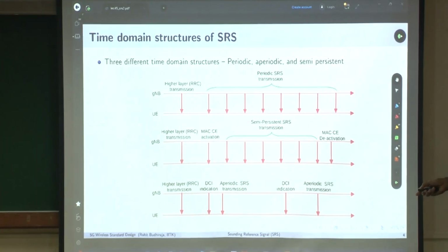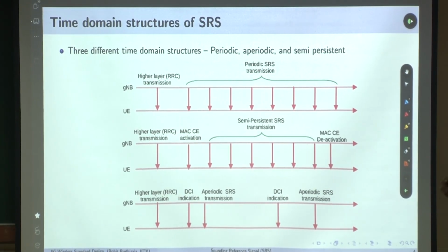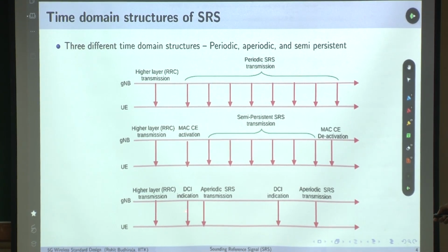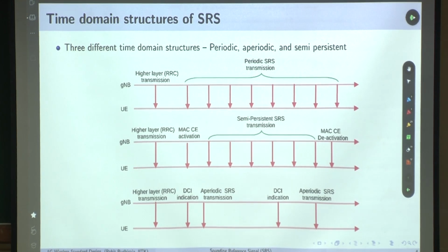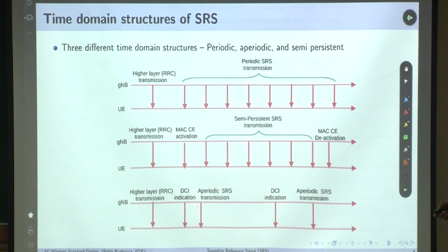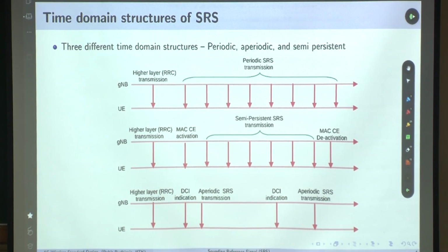Then you look at the aperiodic transmission. What is happening? This SRS has been configured. Then you look at where this is coming from. This is coming from the DCI, the physical layer gets involved. So SRS has been configured, and whenever the base station wants the UE to transmit the SRS, this is indicated in the DCI itself.